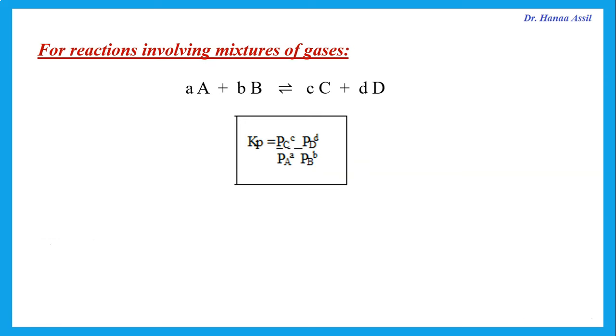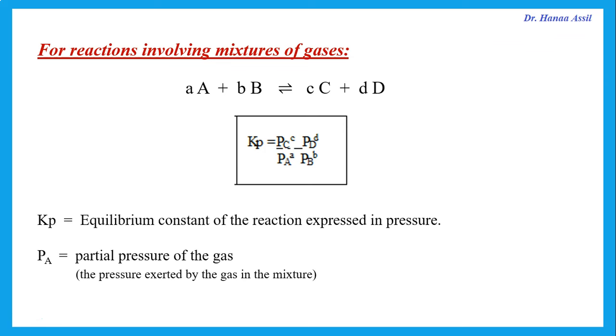Now, for reactions involving mixtures of gases, I can also write Kp. This is the equilibrium constant for partial pressures. So the expression for Kp is the partial pressure of the products raised to their coefficients over the partial pressure of reactants raised to their coefficients.